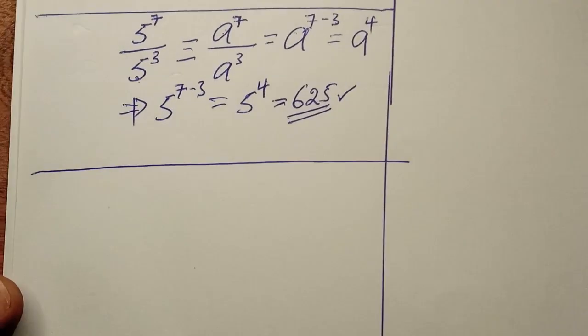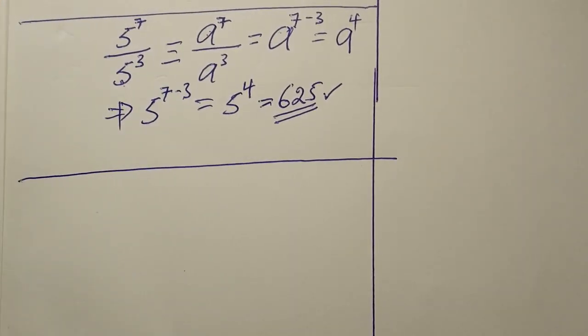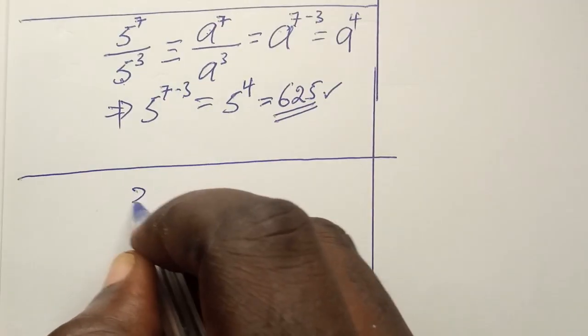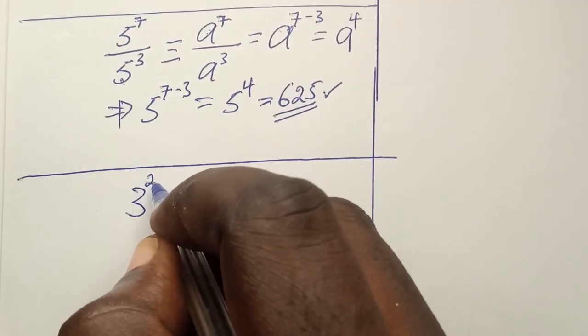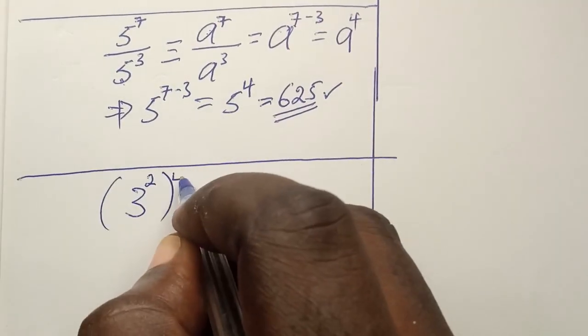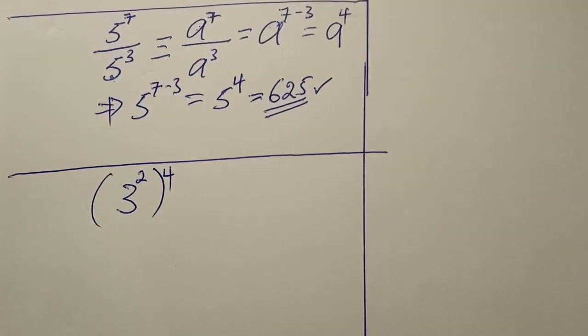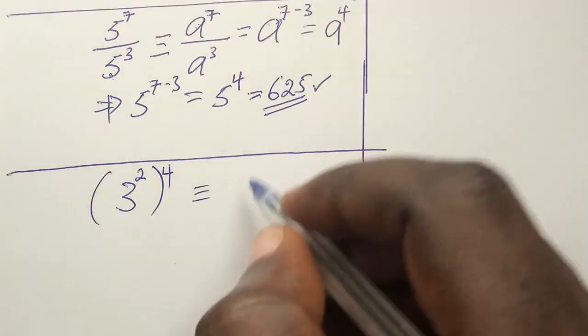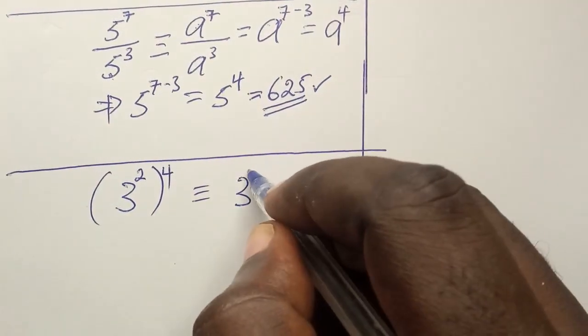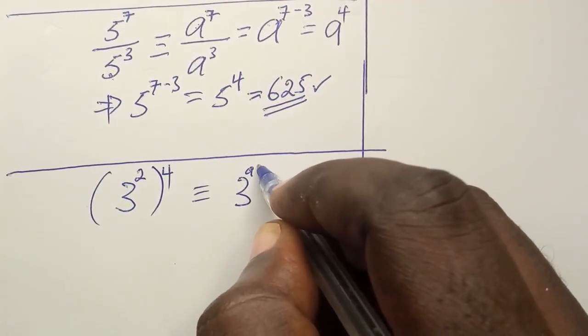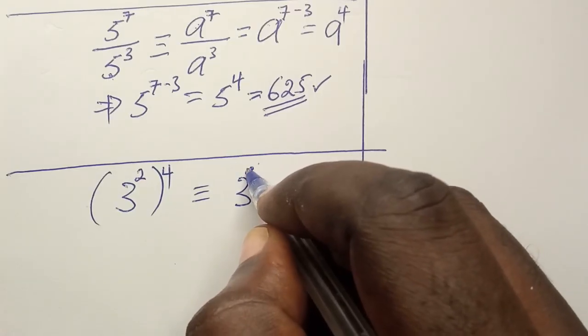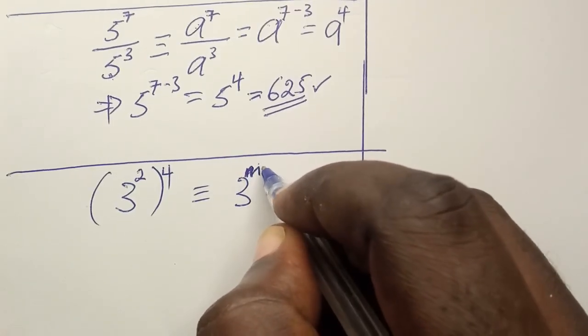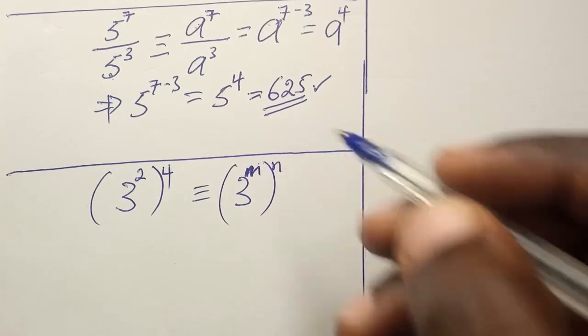The next exercise on this list, I want to try 3 to the power 2, all raised to the power 4. In fact, if you look at this, it is similar to 3 raised to the power m, all raised to the power n.